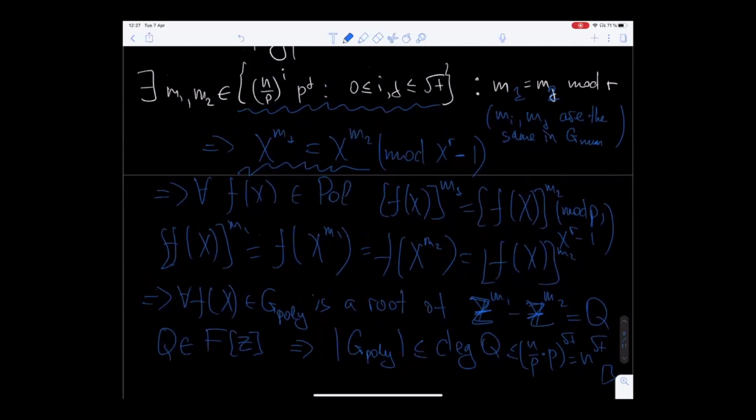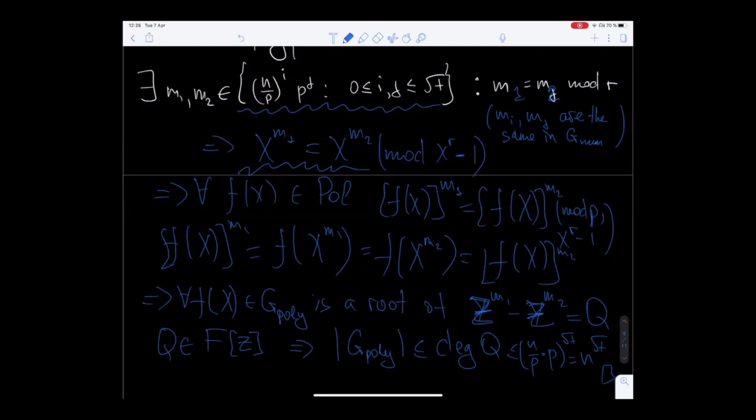So this is the part where we use the fact that n is composite, and that n over p and p are not the same, so that n is not even a prime power. If n was a prime, then we would have only i running from 0 to t, and wouldn't get any interesting bound on the degree of q.